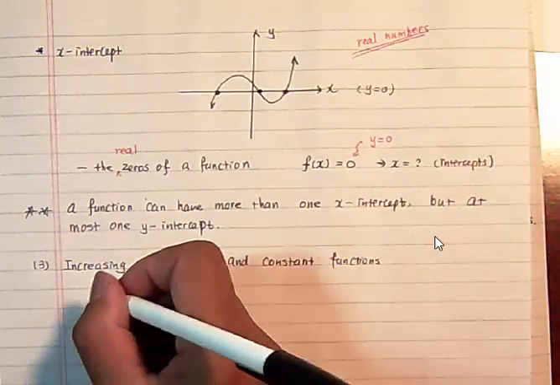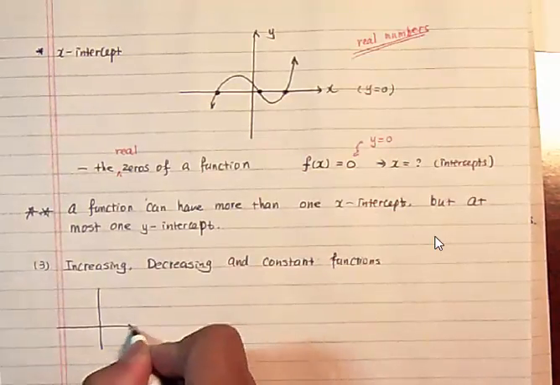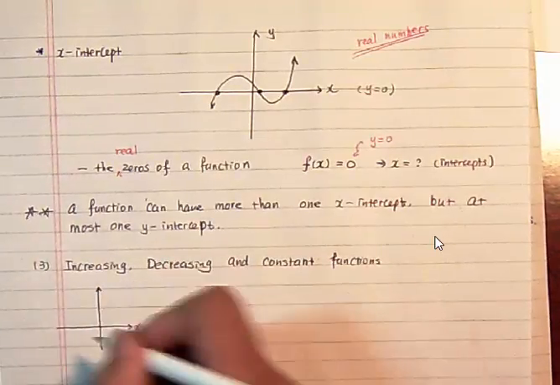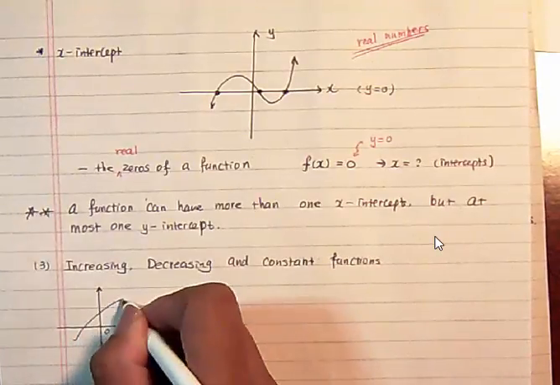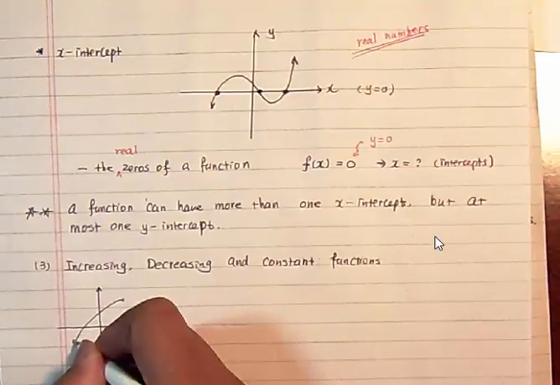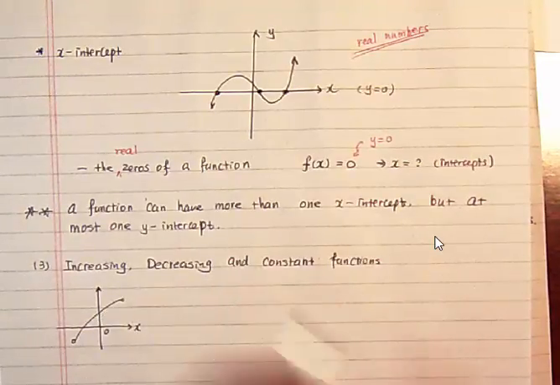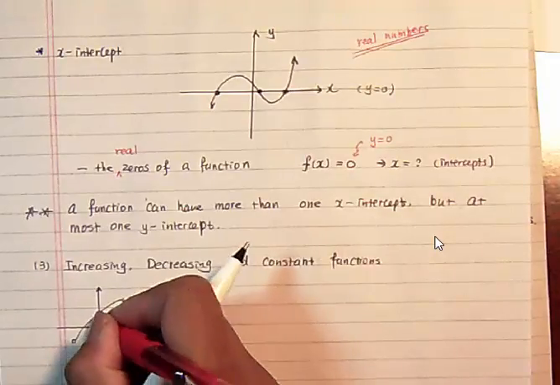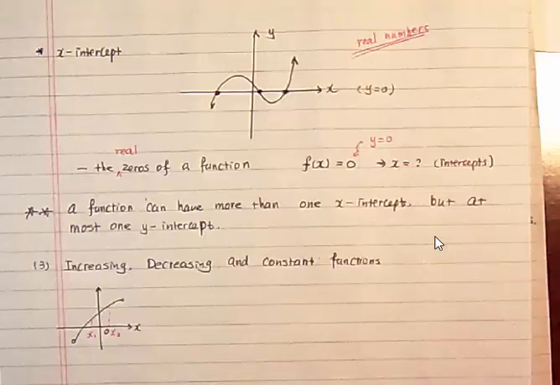Very quick example. If this is a function in this interval, and let me call this x1, the corresponding output will be f of x1, and this is x2. Okay, so this is increasing.